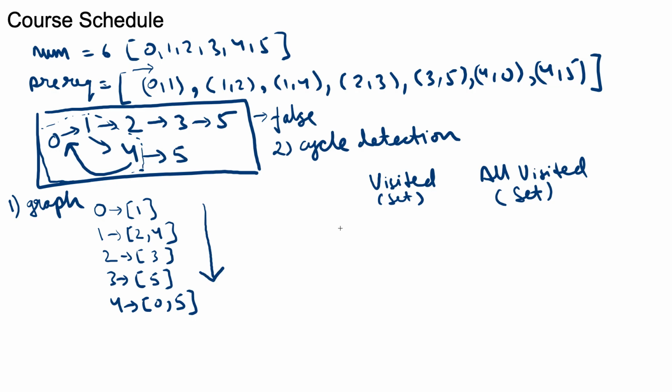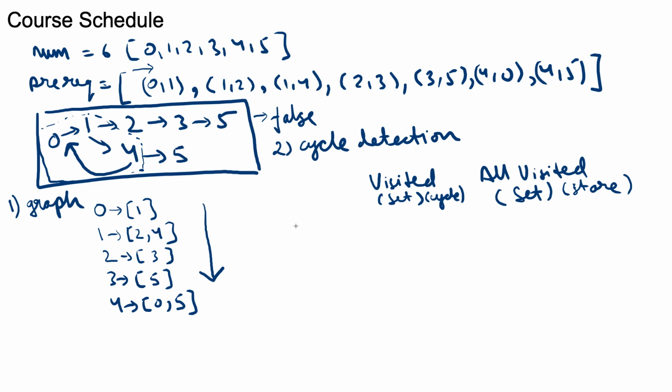The idea of having two sets, I'll repeat again, is that visited helps us to determine if there is any cycle in the graph, and all visited is to store the safe course IDs. By safe I mean the ones which don't have any dependency.